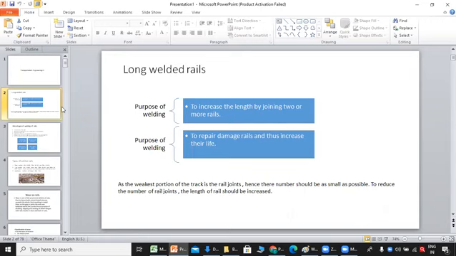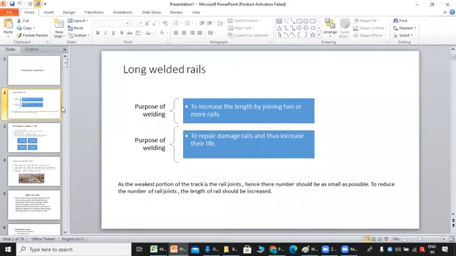Due to loading, frost action, wave action, stresses, and impact load, the rails are damaged. There are several reasons for damaged rails, but the main purpose of welding of rails is to repair the damaged rails.